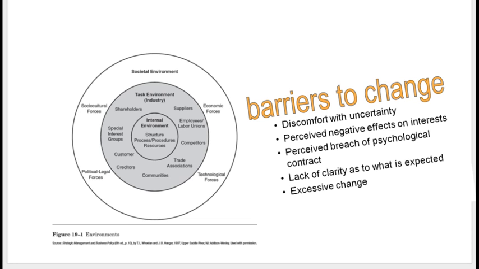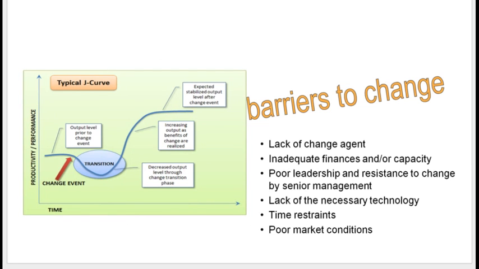Now, that's very interesting because, again, our environments are constantly changing, whether they're at the societal, task, or internal level. There's always change happening. So we have to be very careful when we're implementing change to mitigate some of these barriers or constraints.